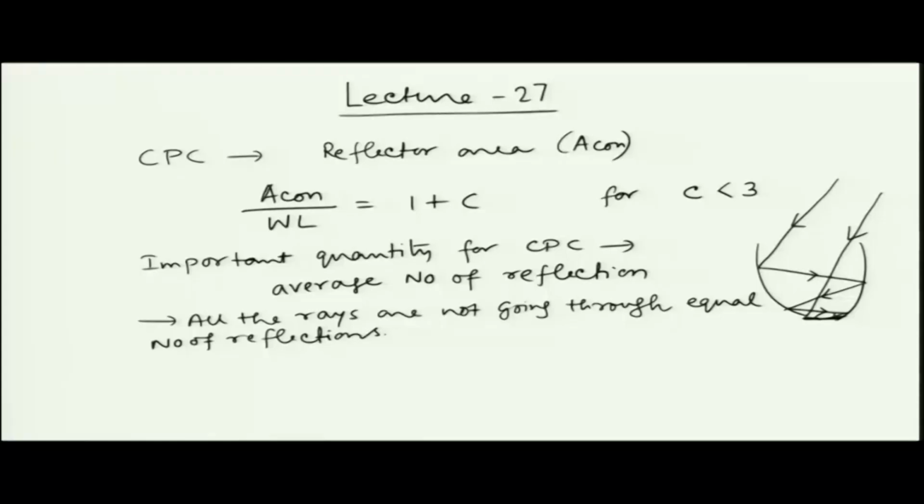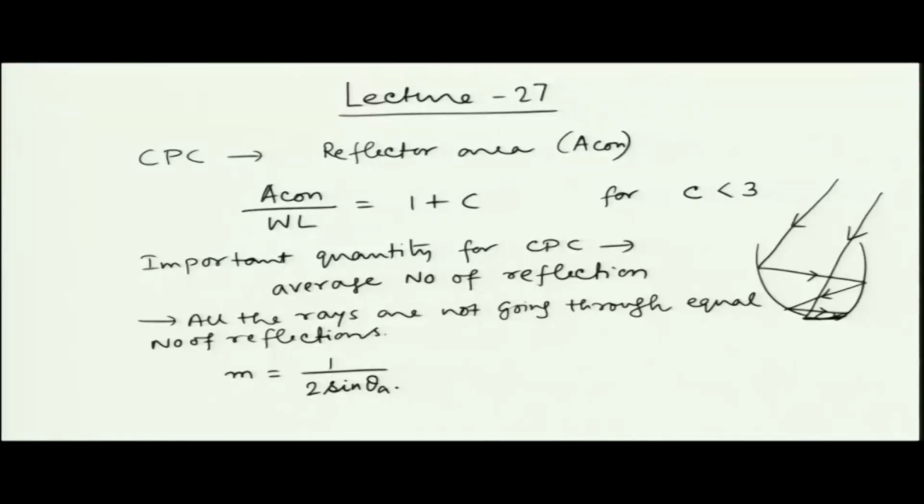Now, it can be shown that this average number of reflection is dependent on again the acceptance half angle, which is the quantity related to its geometry, and all the important parameters related to CPC are dependent on this acceptance half angle. Okay.